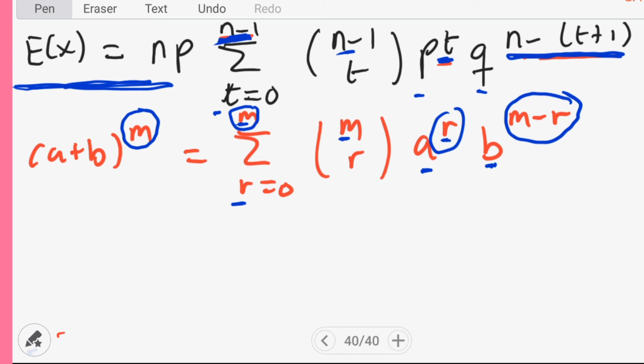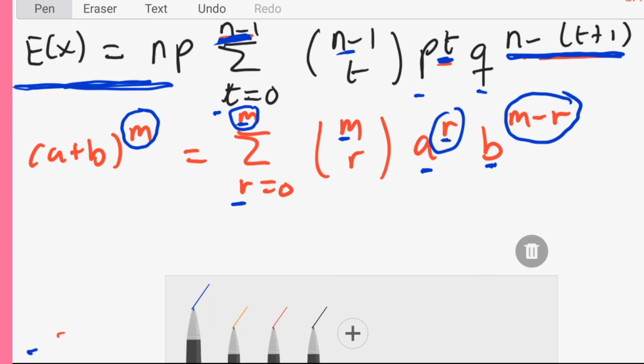So it means that now we can use the binomial expansion theorem. Good.